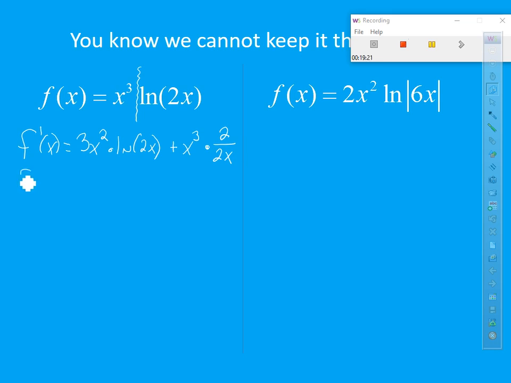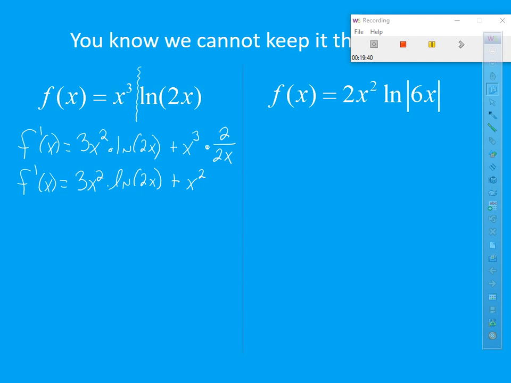Well, let's simplify this now. I've got f prime of x is 3x squared times the natural log of 2x plus, if I simplify this, the 2's cancel out. X cubed over x looks like x squared.